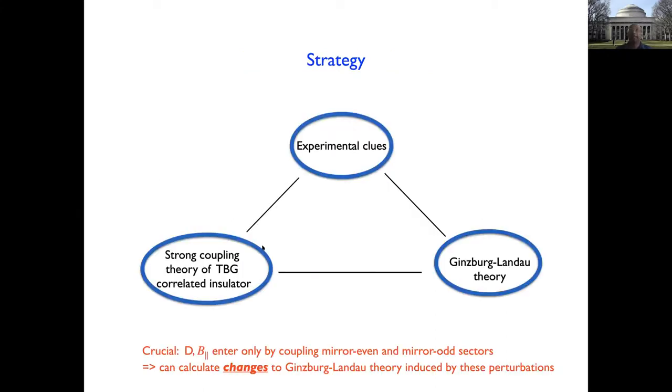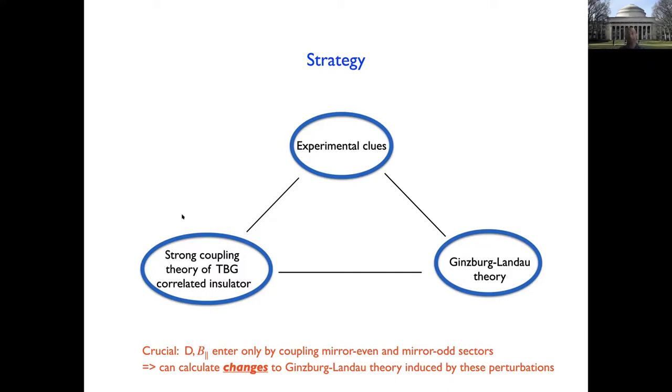So the strategy that I'll take in this talk, that we took in this work with Ethan, is that we'll take input from many different corners. We'll take input from experiments. We'll try to read what the experiments are telling us and try to form a picture of what they're telling us. And we'll combine that with some simple-minded theory.